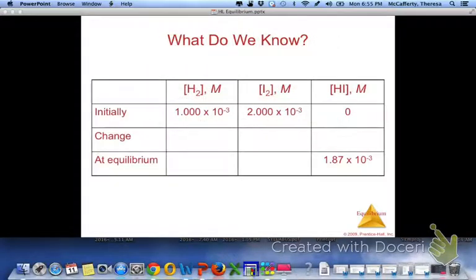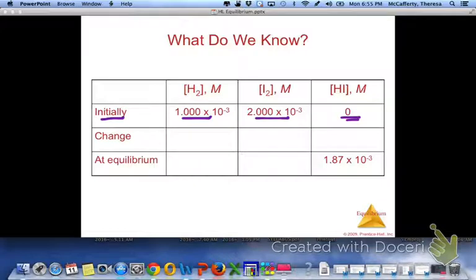Well, let's fill in a table. What do we know? Well, we know that initially I have hydrogen and iodine, and I don't have any hydroiodic.